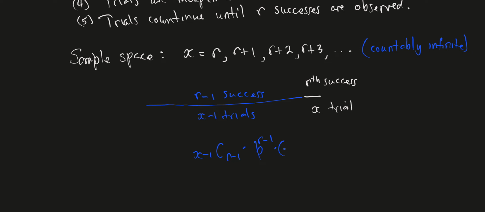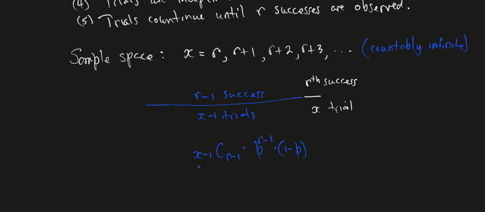And then we would have to have the 1 minus p. And then what would I have to have? It would be the difference between this and this, in order to have the number of failures. Because I'm saying we're going to perform this many trials, and we're going to observe r minus 1 successes.